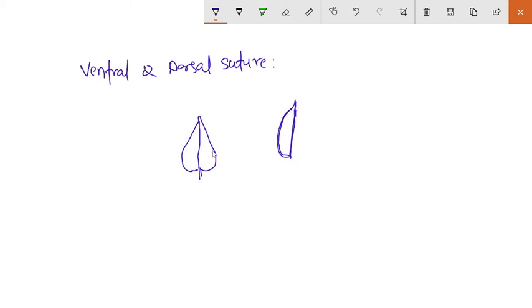These two margins, ही margin आहे, ही सुद्धा margin, आणि हे काय, it is the midrib. Okay, so it is the midrib and these two margins.